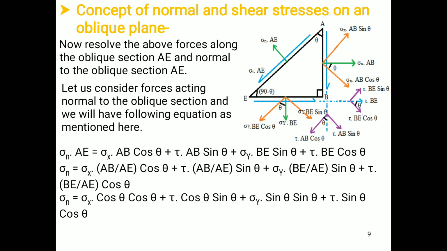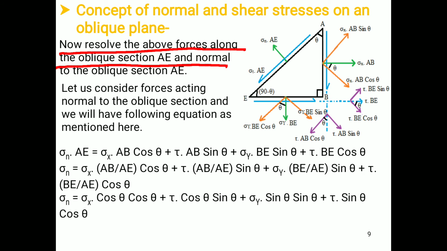Now as those are the forces acting over the triangle ABE, we have to resolve the above forces along the oblique section AE and normal to the oblique section AE. So we have to resolve the forces which are acting on the oblique section; it may be normal or it may be tangential to the oblique section.